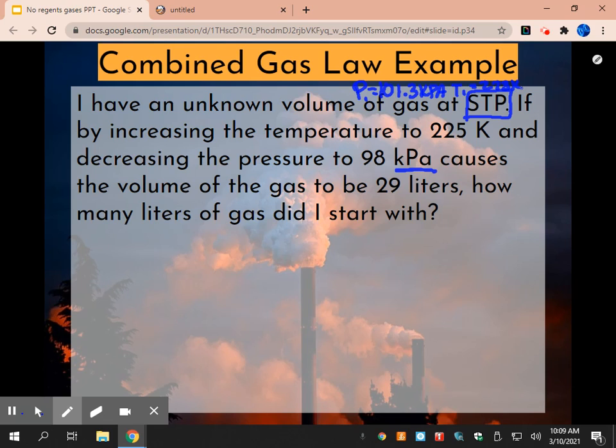Okay, so I'm using the combined gas law, so I'm using P1 V1 divided by T1 is equal to P2 V2 divided by T2. So if I create my chart on the side, my P1 is 101.3 kPa. My T1 is 273 Kelvin.